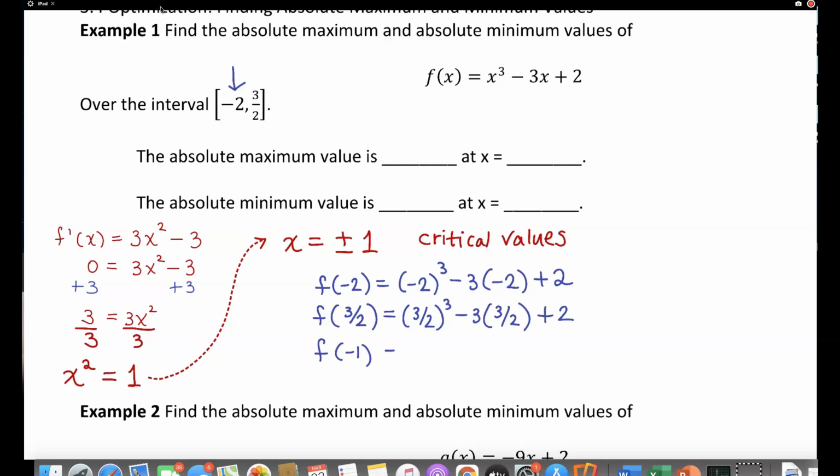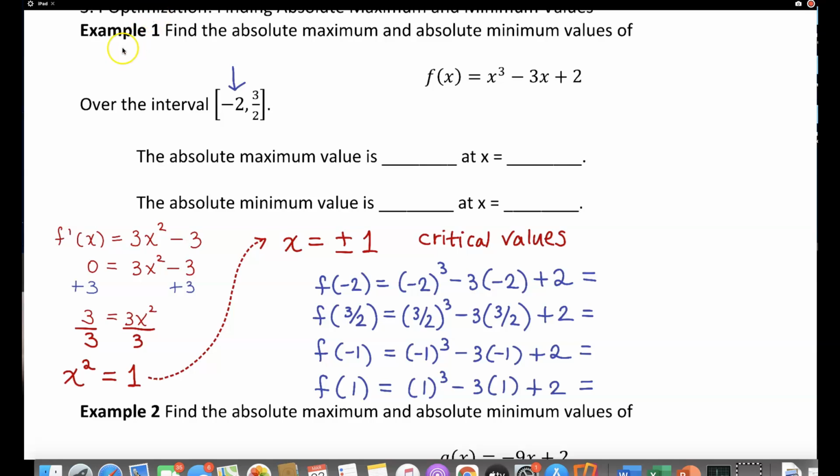Plug in -1 and see what you get. A lot of plugging in going on, right? And f of 1, you plug in 1 this time because these two are the critical values. So basically you plug in the endpoints and the critical values. Let's go ahead and find all these function values. I'm going to pause this recording so that I can do this on my calculator and just write these down.